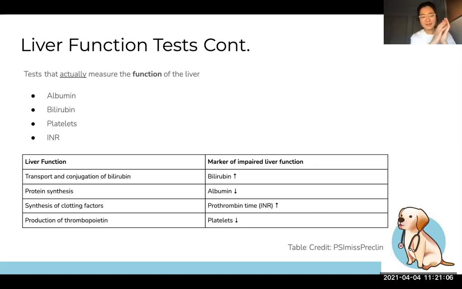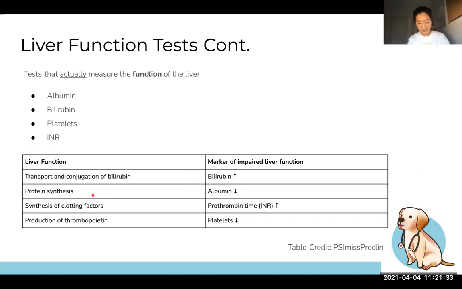If there has been an issue with the liver, you are going to see an increase in bilirubin, because your liver is responsible for conjugating bilirubin. If your hepatocytes are not working, you will get an increase in the conjugated bilirubin because it's leaking out. Your liver is also responsible for protein synthesis.